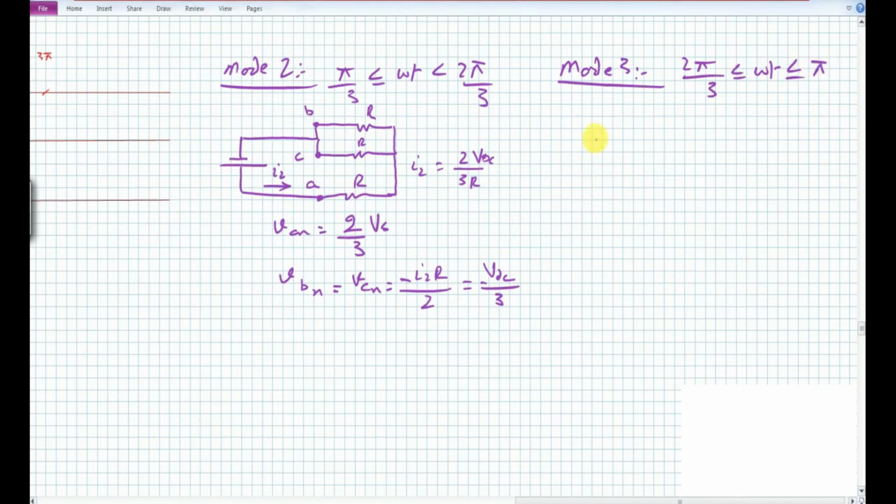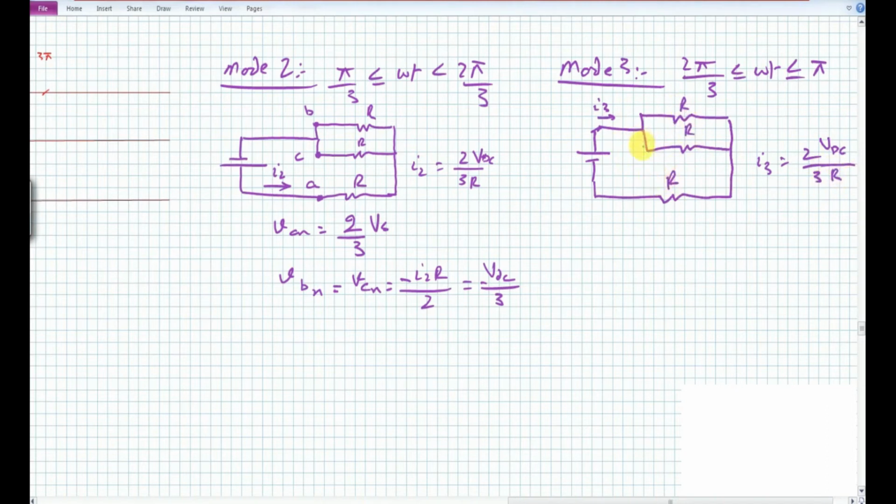The expression here is the same as the previous one. There are 2 resistances that will be connected with the positive rail, and 1 load which is connected directly to the negative rail. So now we have the current I3, and this I3 is equal to 2 by 3 VDC over R, and this is all R.